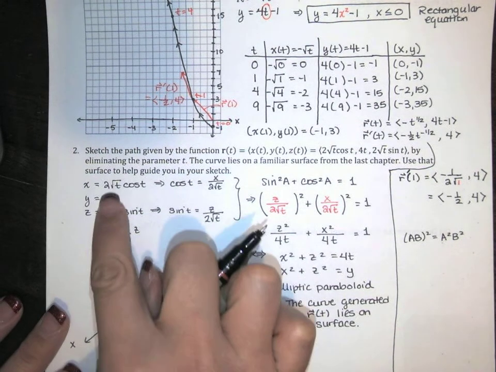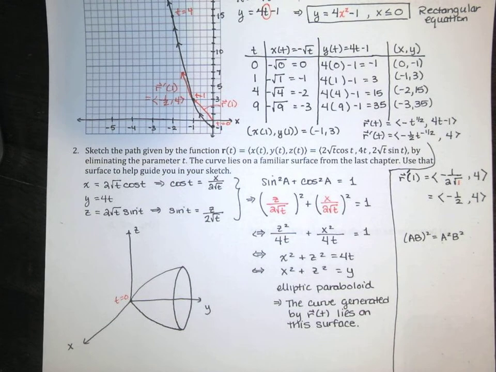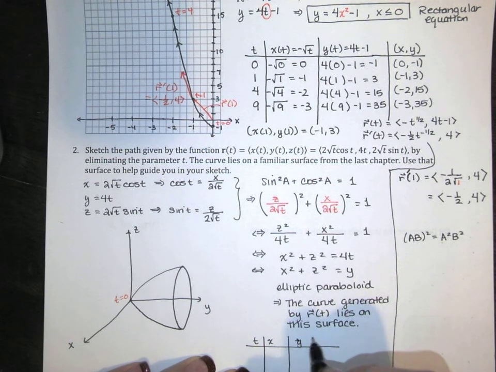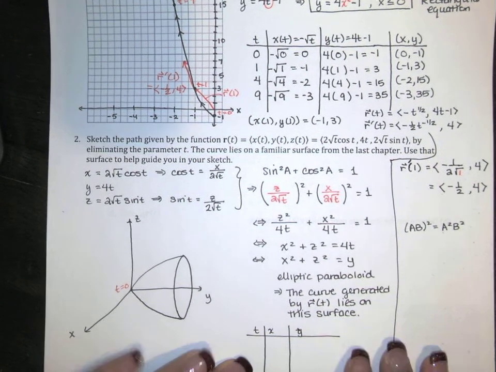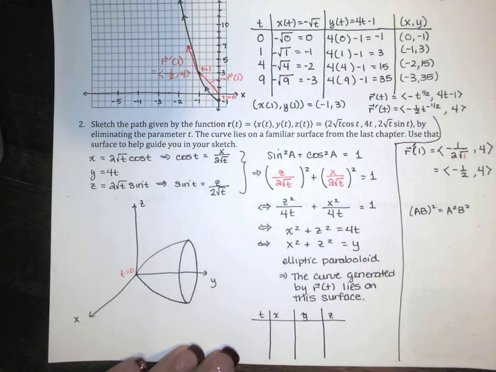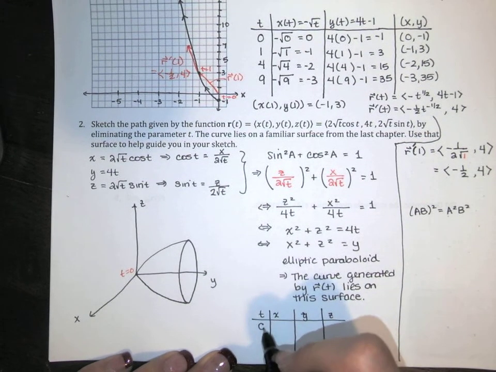Now at t equals, let's say, pi over 2. And you don't have to make this chart, but you can if you want to. I'm not going to write the equations, although I usually like to just give myself a visual reminder of what x, y, and z are in terms of t, but I've run out of space, so I'm just going to write it like this.